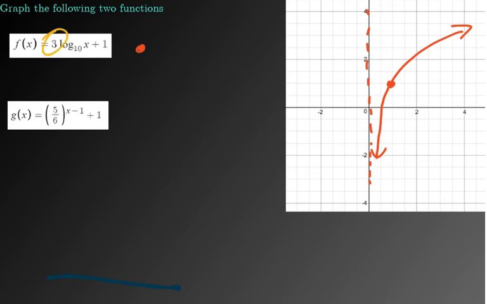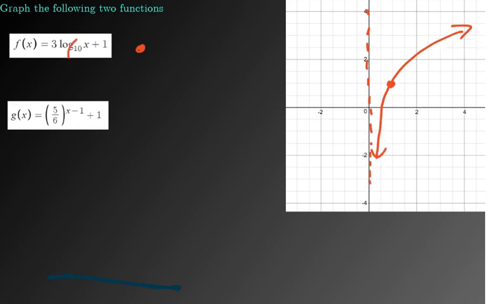And this 3, it's just hard to see how it affects it. Like maybe the normal one was like something like that, but the 3 acts as a stretch and makes it a little steeper, something like that. But those are the things that I'm not really going to be able to kind of grade you on. So I wouldn't worry so much about how the curvature is.